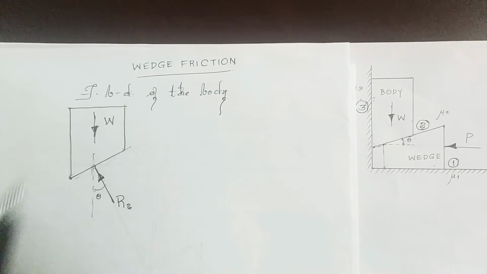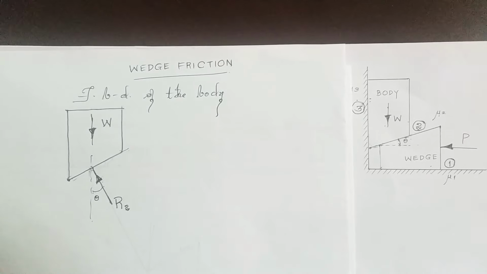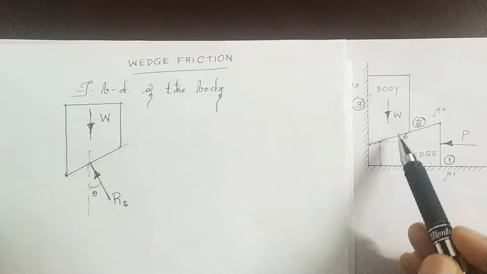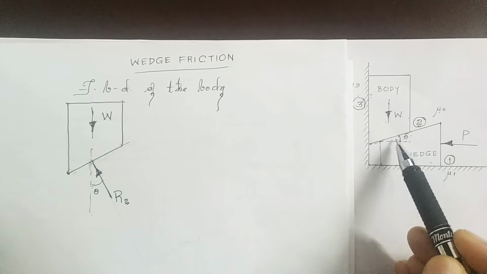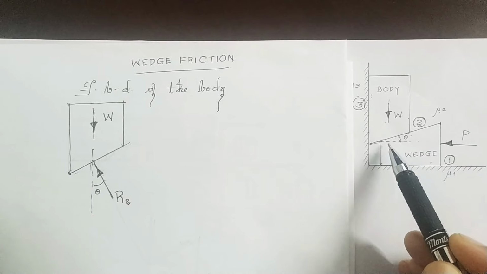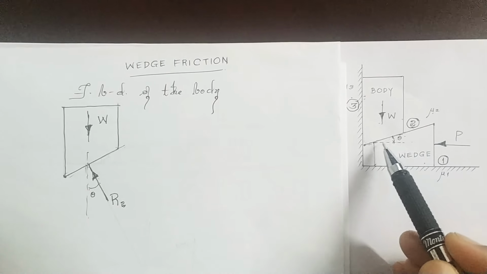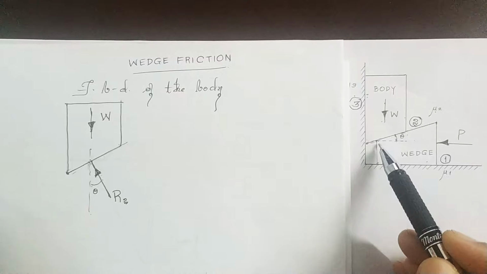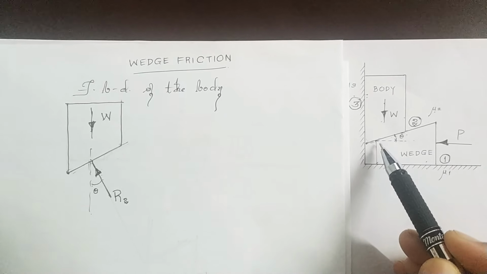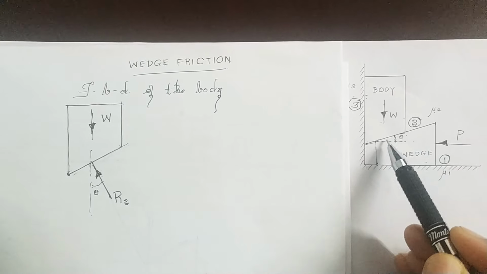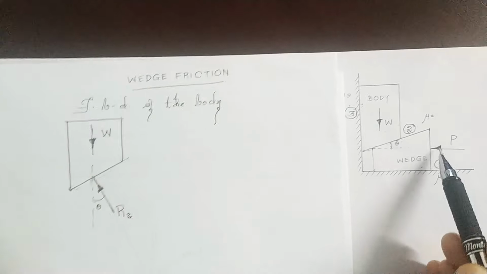Self-weight acting vertically downwards. And now we have the friction developed along the surface. How does the friction act? Friction always acts in a direction opposite to the direction in which the body tends to move. How does the body move?